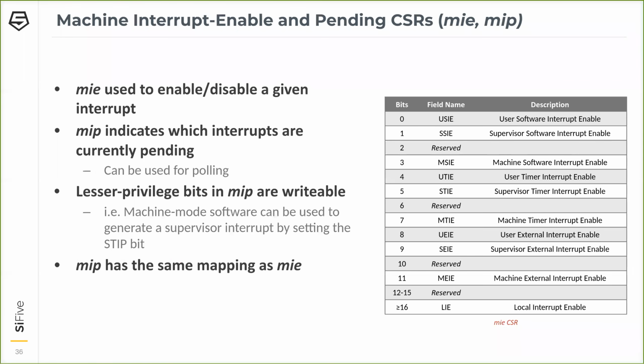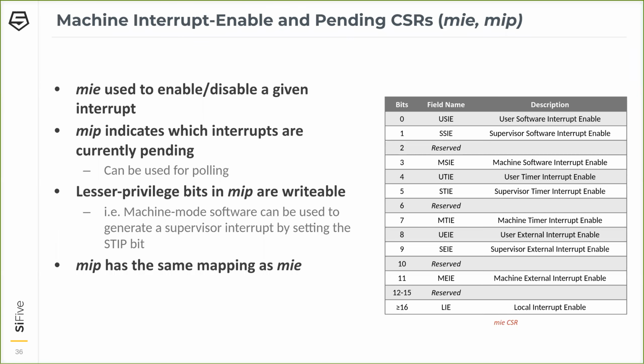The interrupt enable and interrupt pending CSRs are the registers that you would use to enable or disable specific interrupts. And the interrupt enable and interrupt pending registers have exactly the same mapping. So bit 3 would be the bit that corresponds to the machine software interrupt enable, and bit 11 would be the bit which corresponds to machine external interrupt enable.